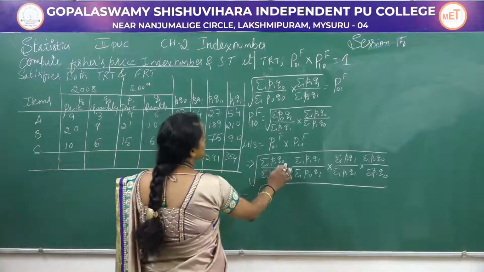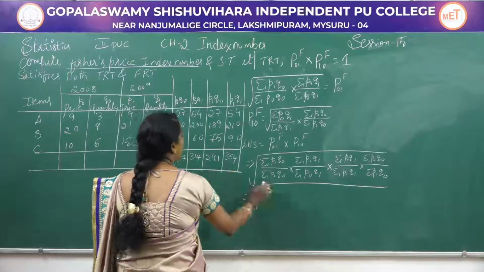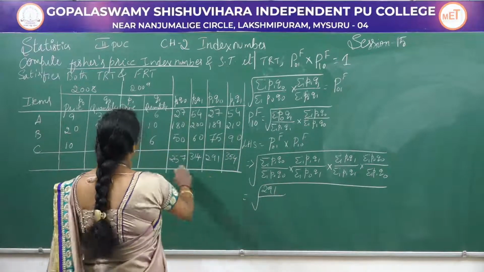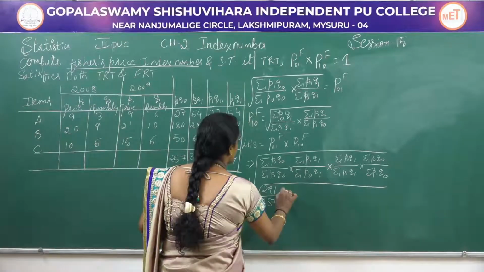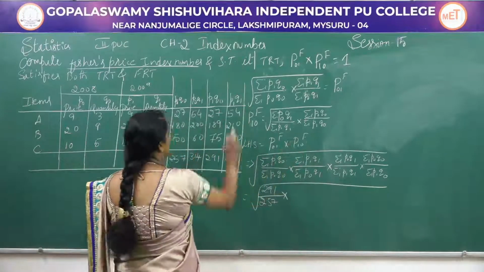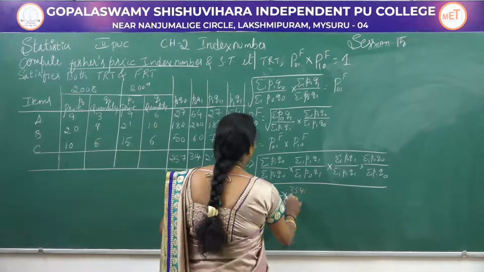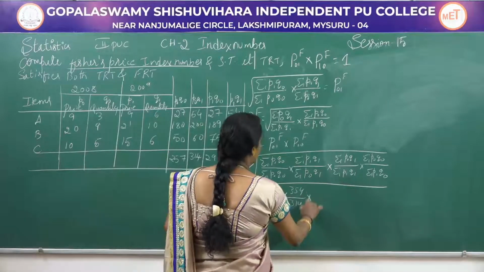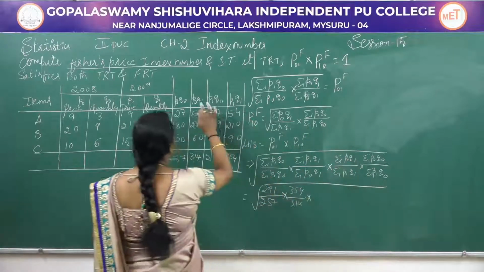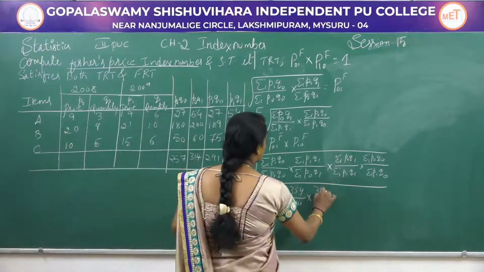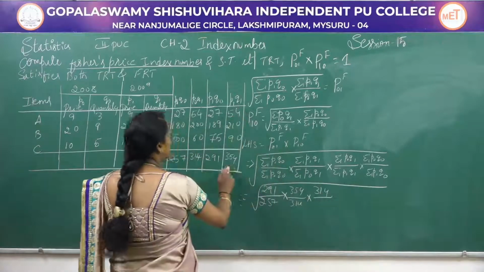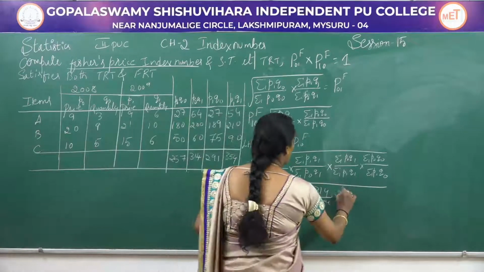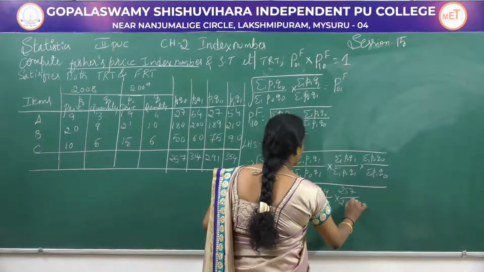summations. P1 Q0 is 291, P0 Q0 is 257, into P1 Q1 it is 354, P0 Q1 is 314, into P0 Q1 314, P1 Q1 354, into P0 Q0 257 by 291.